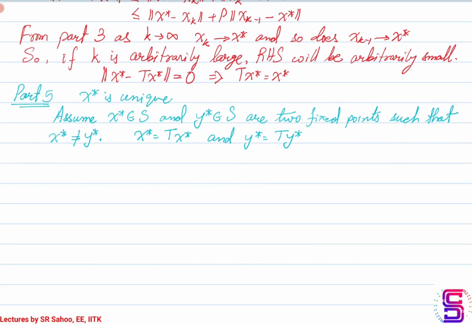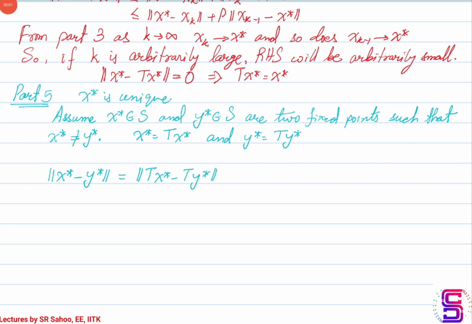Now using this, what we have is x star minus y star equal to Tx star minus Ty star. So norm of x star minus y star can be written as norm of Tx star minus Ty star.